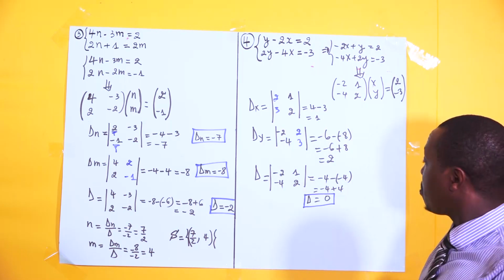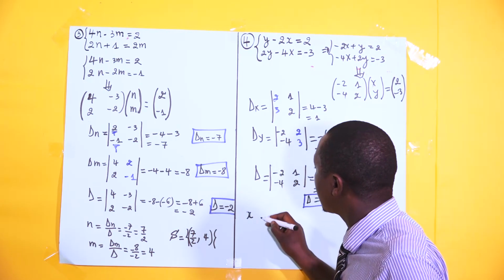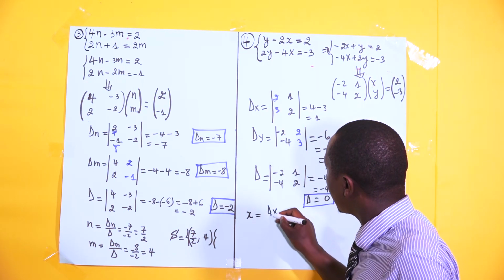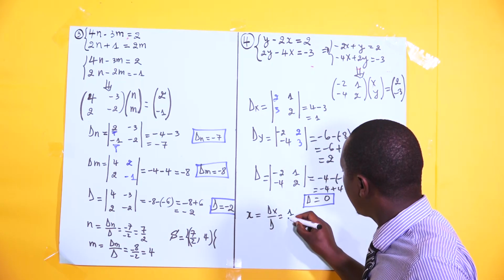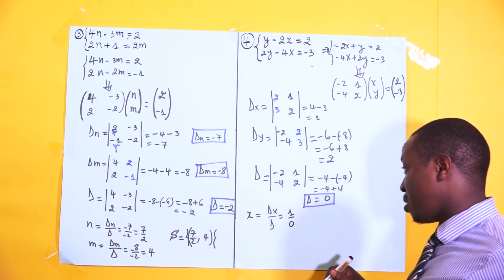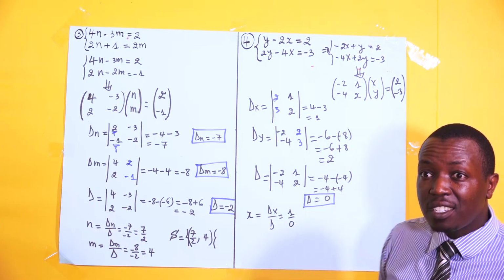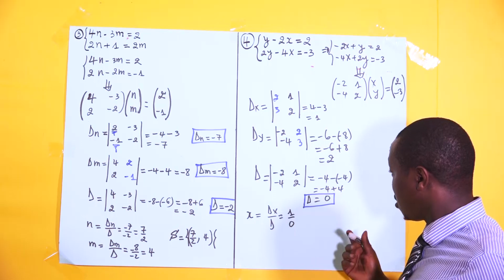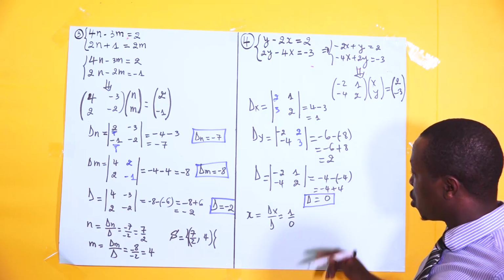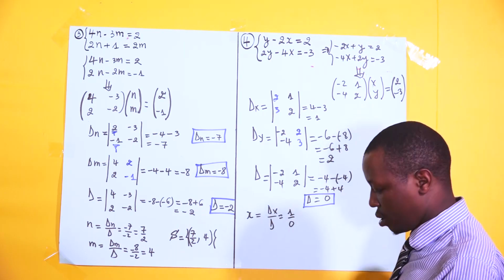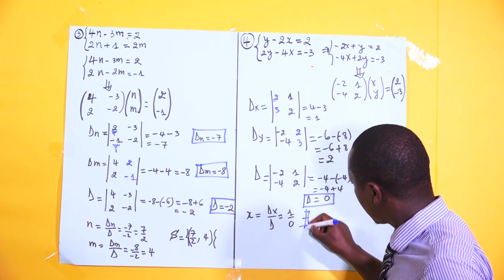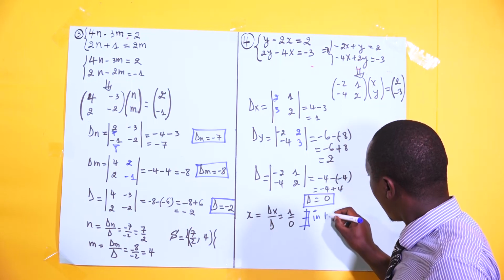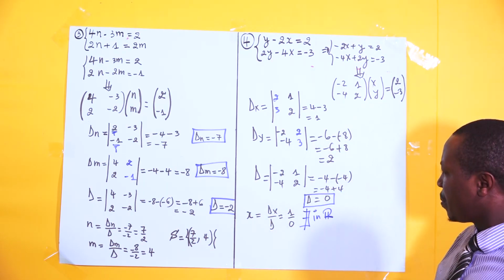Remember, when we are going to find x, we take the determinant for x divided by the determinant. So it's going to be 1 divided by 0. And 1 divided by 0 does not exist in the set of real numbers, because it gives us infinity.